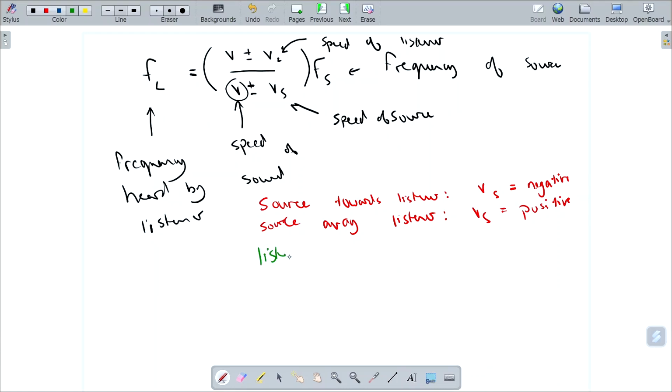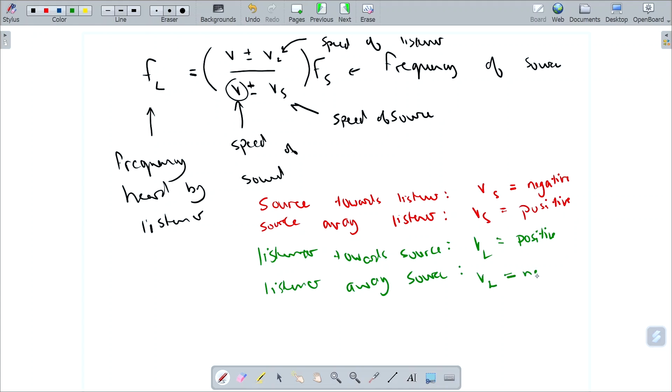And then also, if we move about the listener, so if the listener moves towards the source, then VL is positive. And if the listener moves away from the source, then VL is going to be negative.